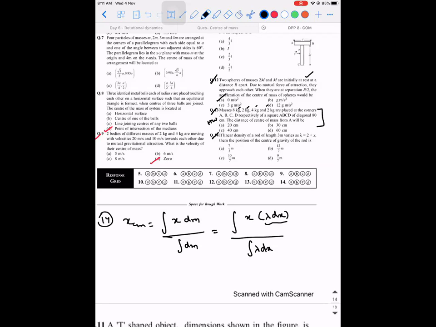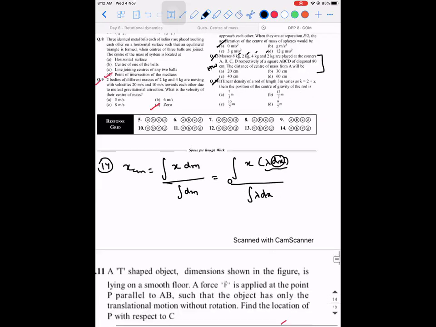So where should we integrate it from? 0 to 3, sir. Yes, that's right. So what I've done is I've taken the reference point as the left one. If this is dm, this is dx, this distance is x. So where is the value of x going to vary from? It is going to vary from 0 to 3. So why 3? Because the length of the rod is 3 meter. So here also 0 to 3.